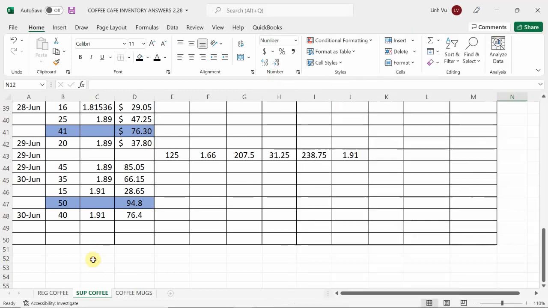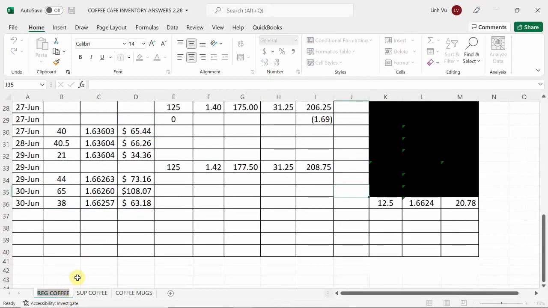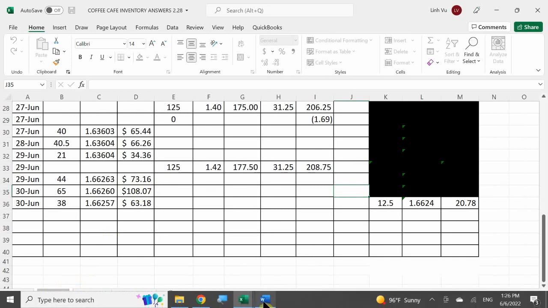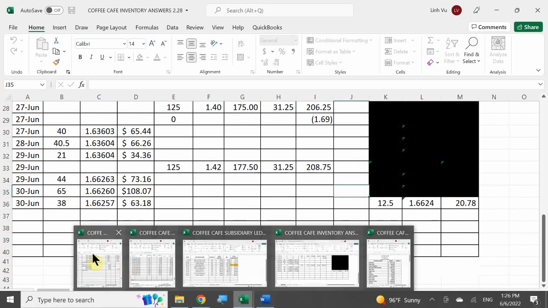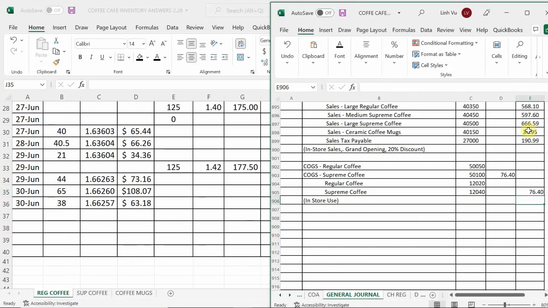And for the regular coffee, we used $63.18 worth of the regular coffee. Okay, in-store sales.